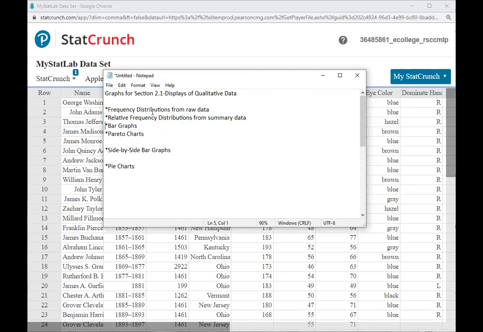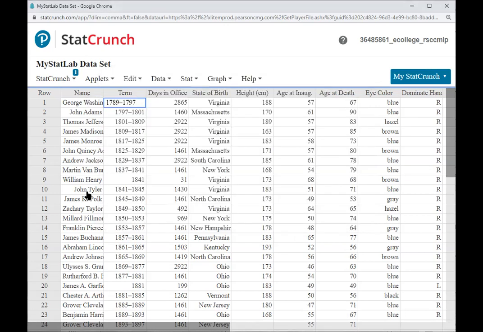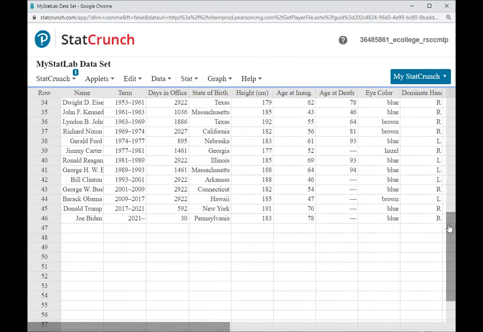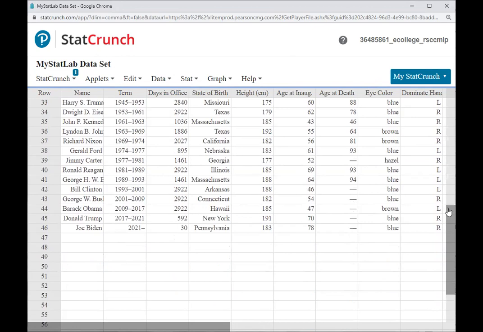So, frequency distributions from raw data. If I do have raw data, and I actually have a data set here for us, this is our presidents for the United States all the way through newly elected Joe Biden.